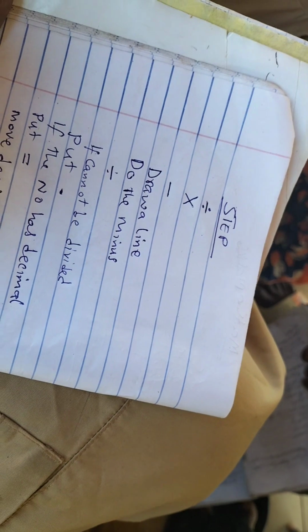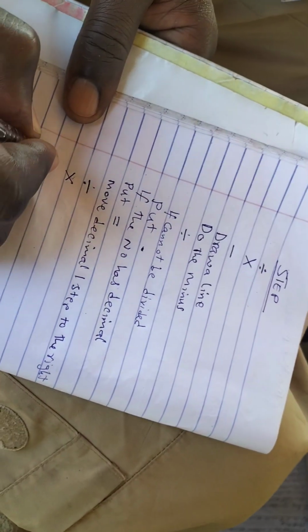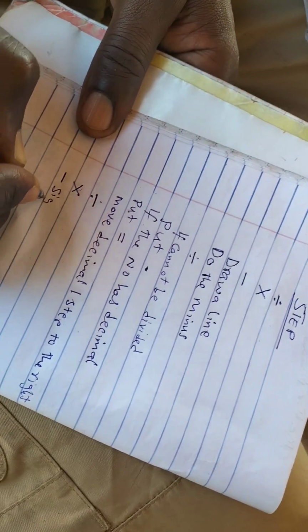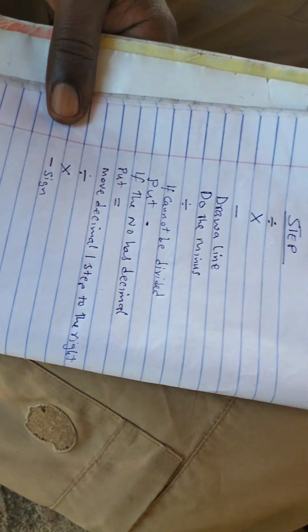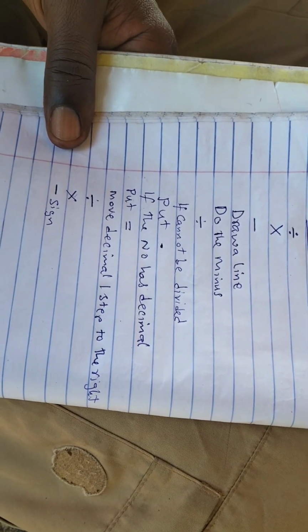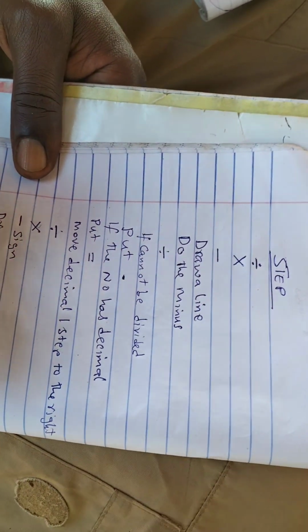After you multiply, you put the minus sign. Then what do you do next? Draw a line.